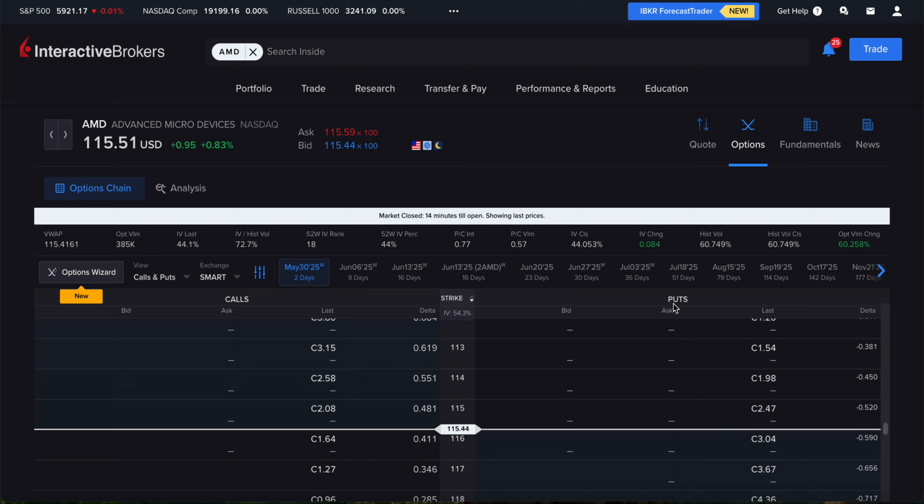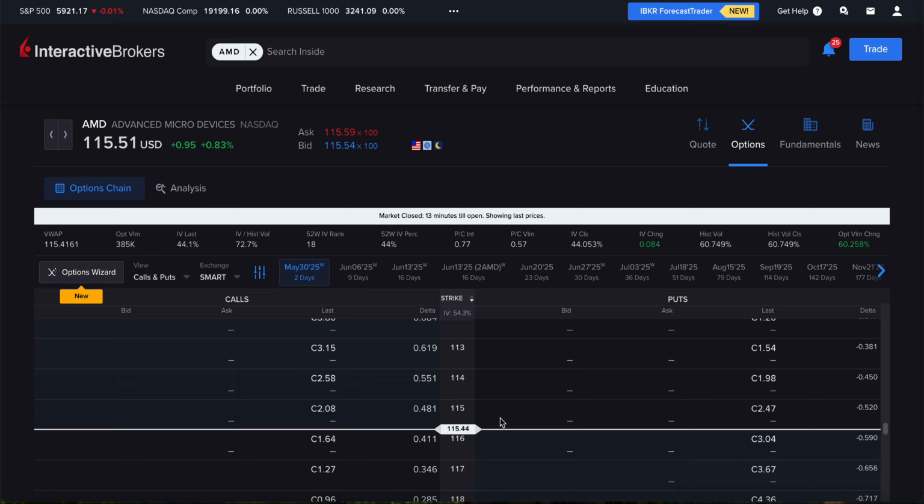For puts here, if you sold puts at $115 at the strike price, and the market price is at 116, we can say that this is out of the money. If the market price is 116, but the strike price is 117, we call it in the money. And if the strike price and market price are the same, it's at the money.